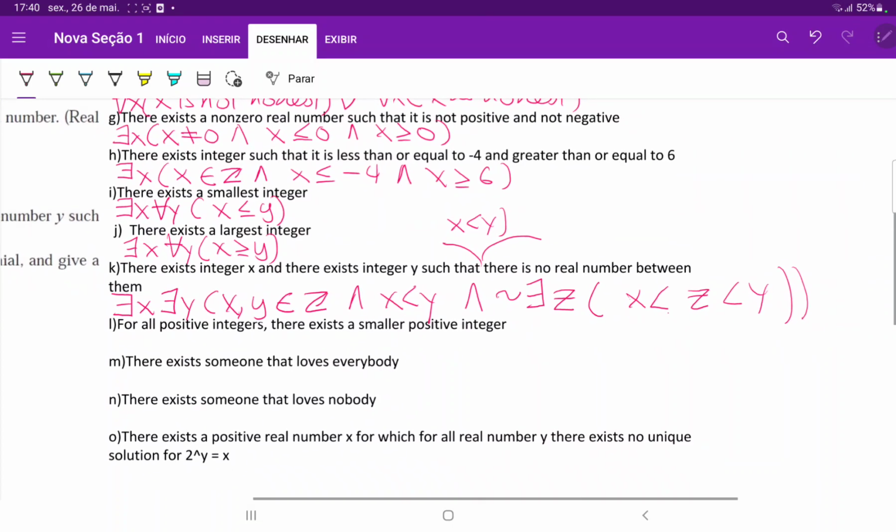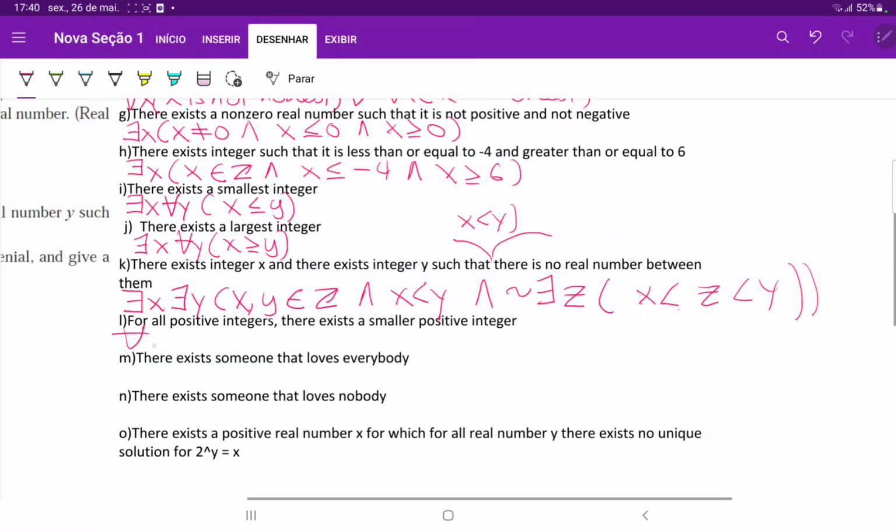And then for L, we're saying for all, so universal, for all positive integers. So for all x, there exists, right? There exists a y such that y is less than x, right?